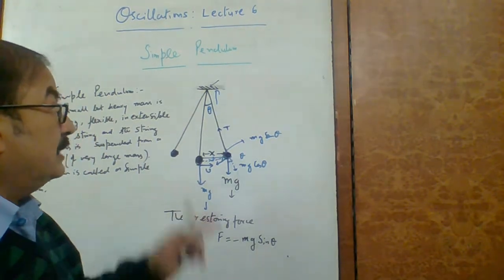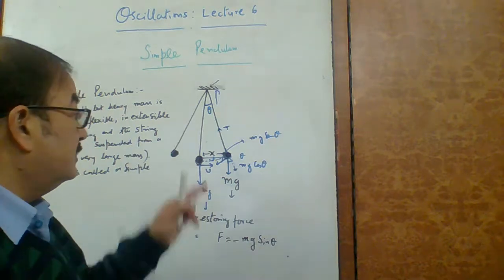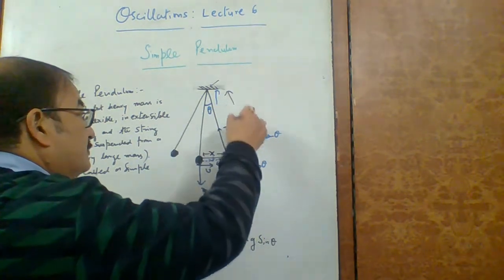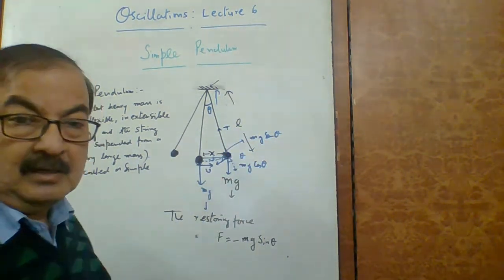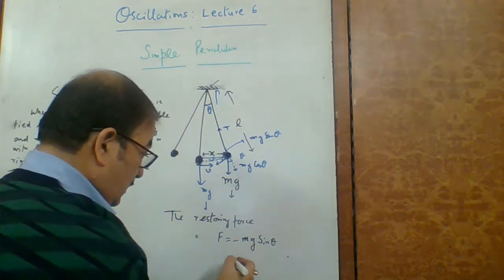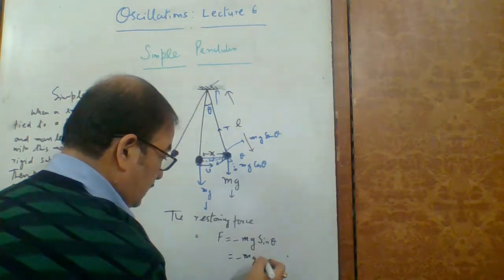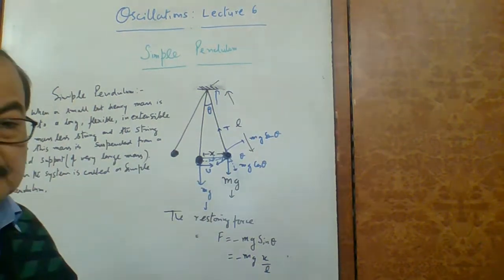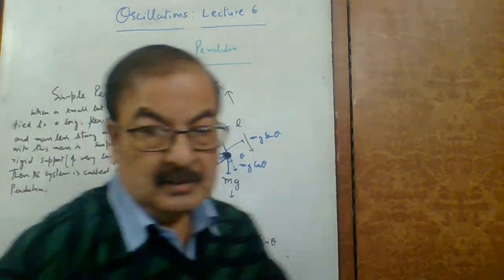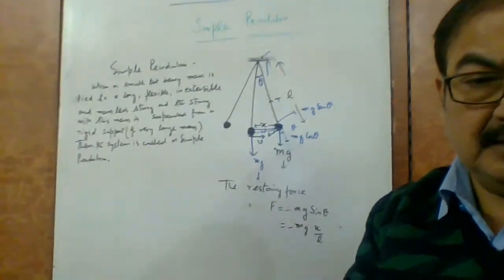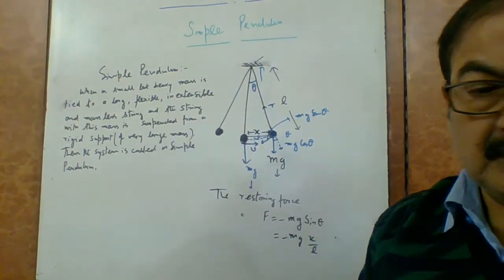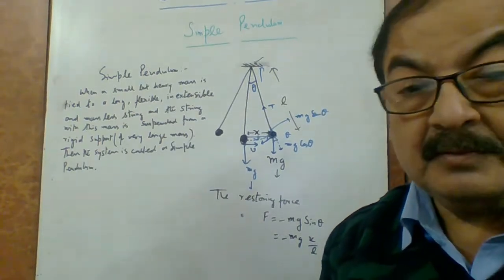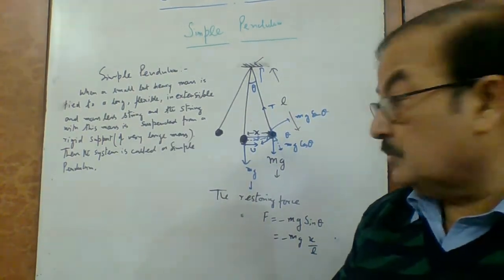Now let us determine what sin theta is from this diagram. Sin theta equals x upon L, because the length of the string is L. And therefore, in the next step, F equals minus mg x upon L. After getting the force, we have to find the acceleration also.